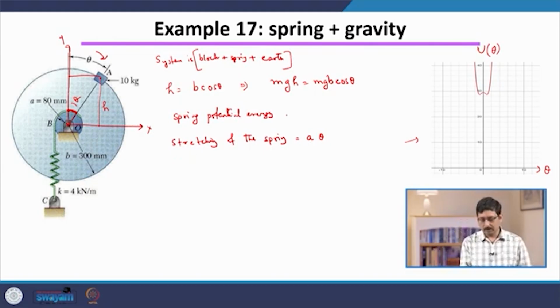Then, I am assuming that you are familiar with spring potential energy. So, the spring potential energy will be given by half times the spring constant k times the stretching squared. Then for our system of this block and spring and earth, the total potential energy of this particular system is given by the two particular contributions. You have to add them.